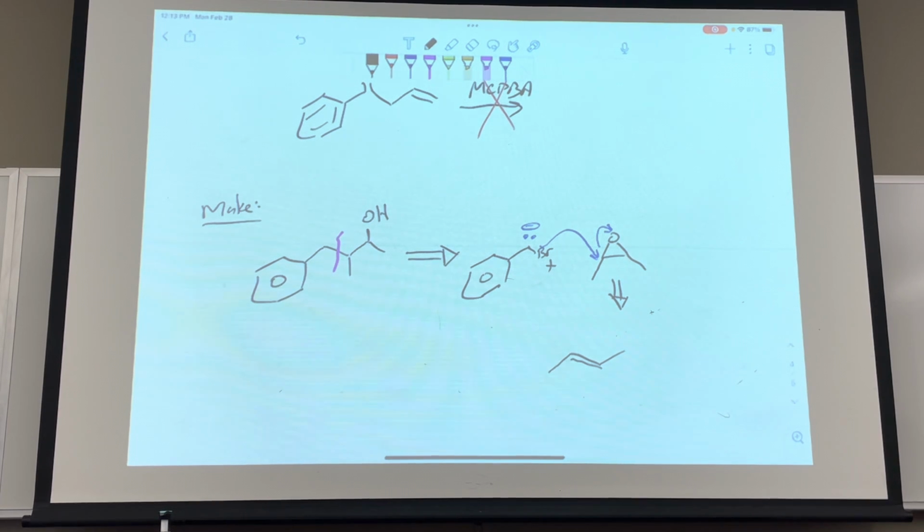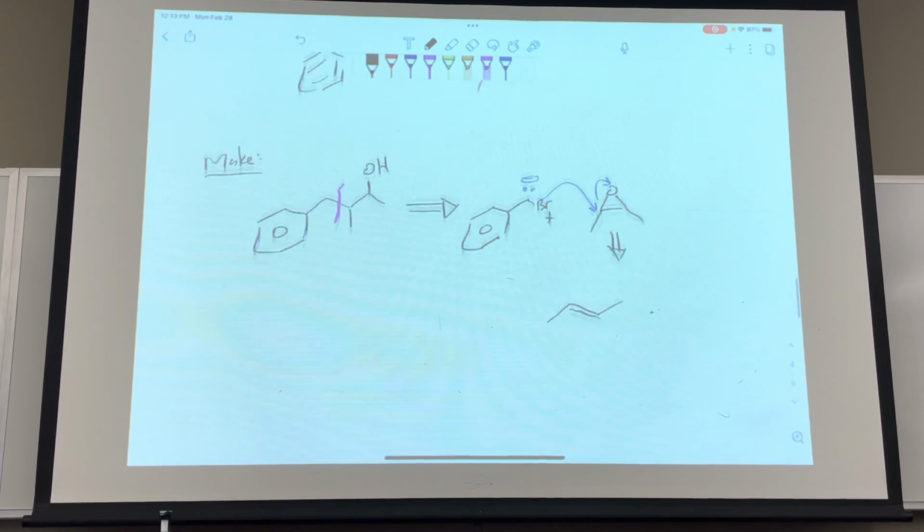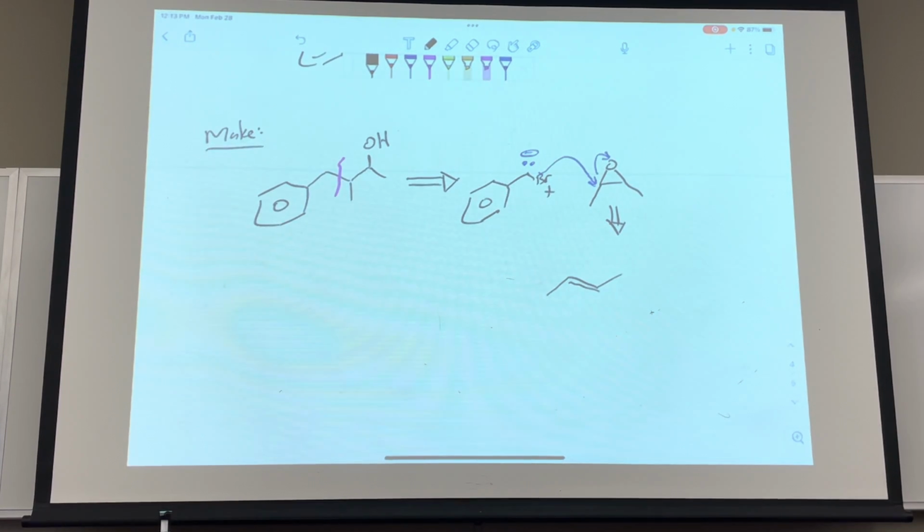But this, like I said, can be a very powerful method of introducing a good bit of complexity to the molecule in a single step. So, any questions here on this before we continue on with it?